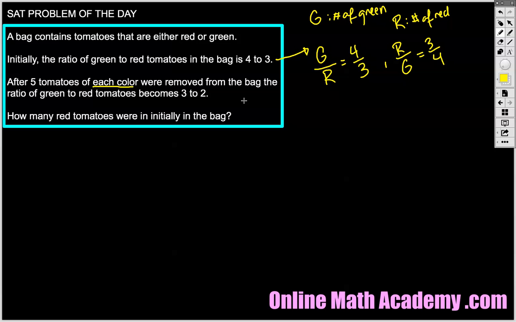So what this second bit is saying is that G minus 5 over R minus 5 is going to be, instead of 4:3, now 3:2. And so we write 3/2 because we had the greens on top and the reds on the bottom. That's what we get from that bit.